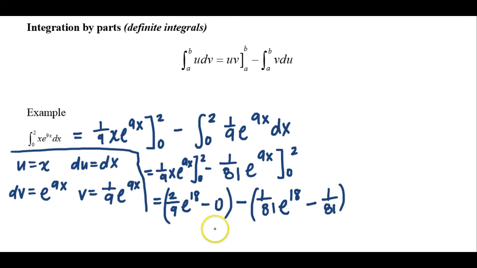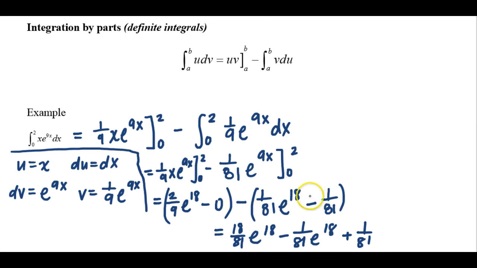So now here, let's see, can I do any simplifying? Yes, so 2 over 9, if I make common denominators, is going to be 18 over 81 e to the 18th. So I'm trying to force 2 over 9 to have a denominator of 81 because now I have minus 1 over 81 e to the 18th and then plus 1 over 81.